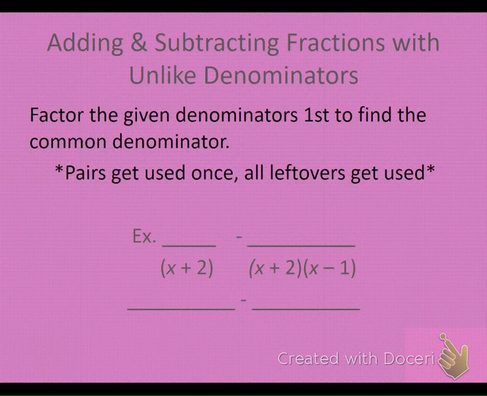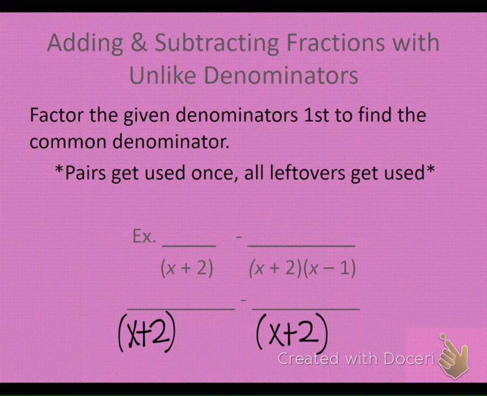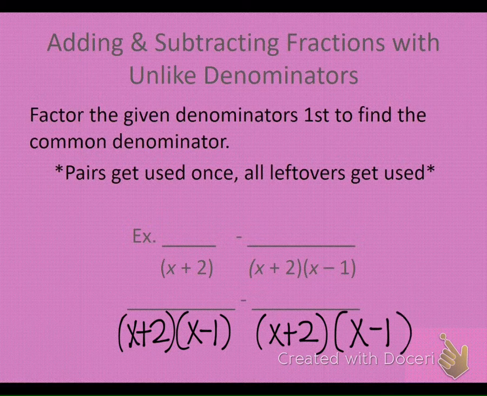So each of my denominators, because what I'm doing is I'm rewriting each fraction with the common denominator. So x plus 2 is part of my common denominator, just once, because a pair gets used once. And then what's left over? What's another binomial that you see that doesn't have a pair, that's all by itself? X minus 1. So the common denominator is going to be x plus 2 times x minus 1.